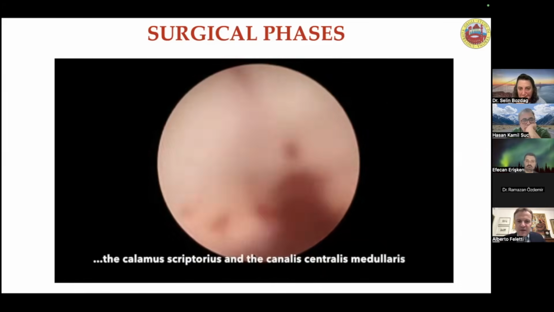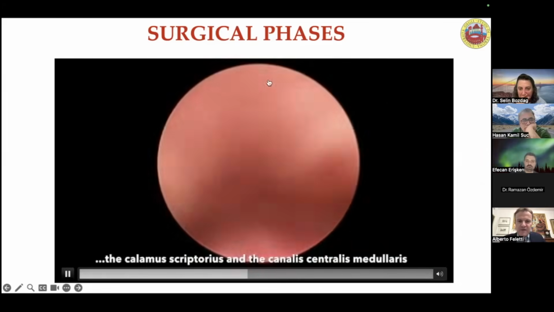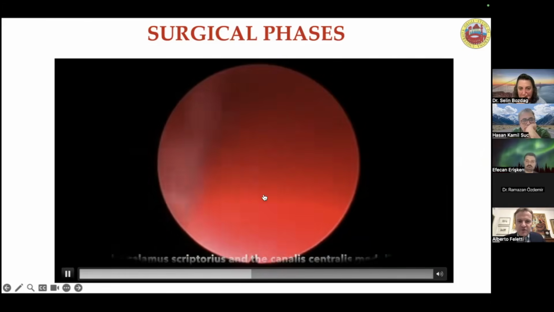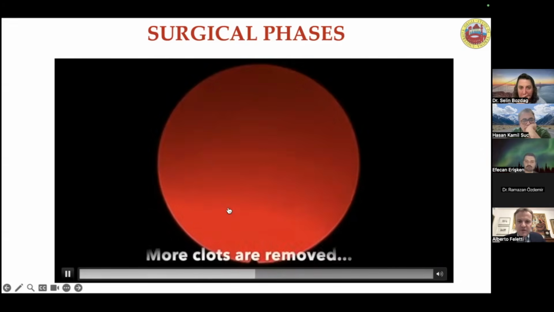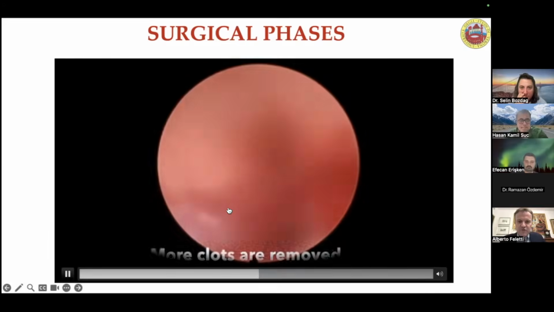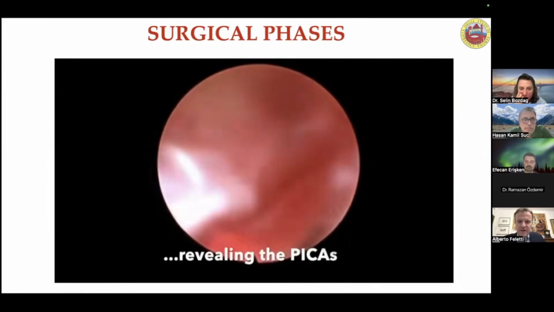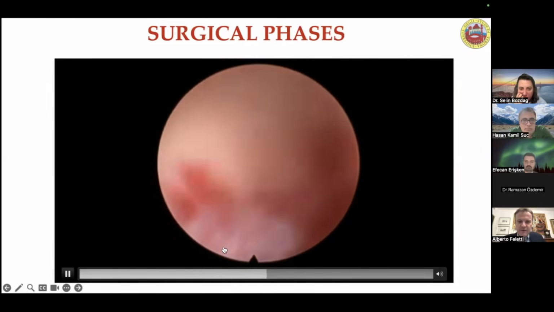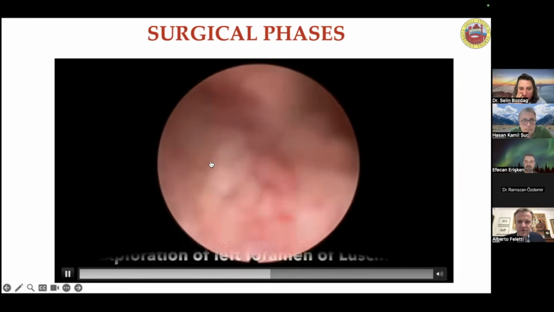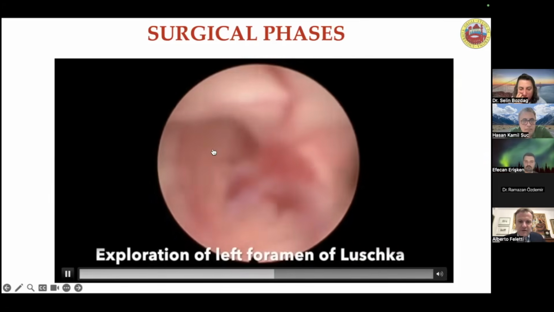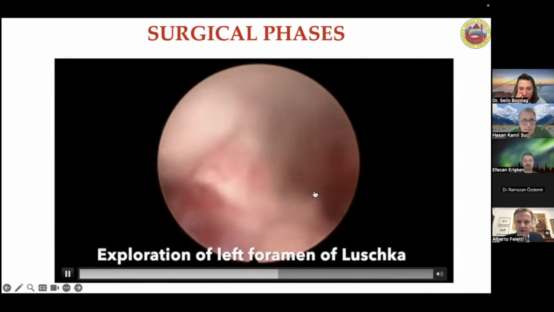As you can see, you can detect the brainstem with the calamus scriptorius, and also, if you remove more clots, you can see the PICA here, and the choroid plexus in the left Luschka foramen.